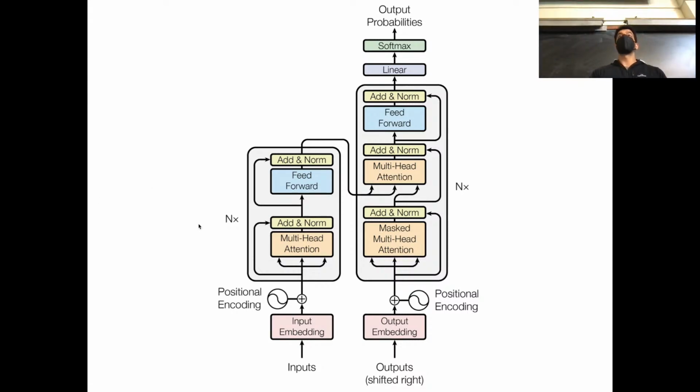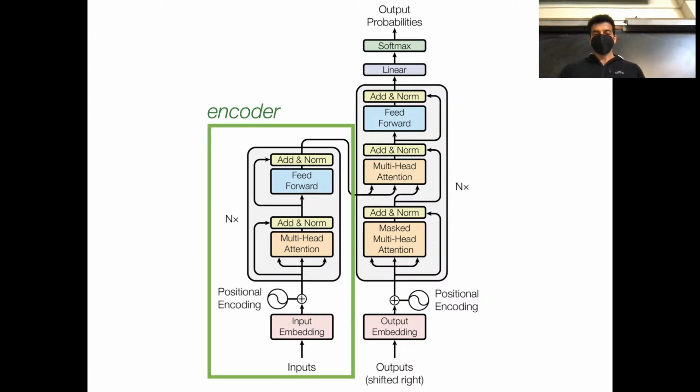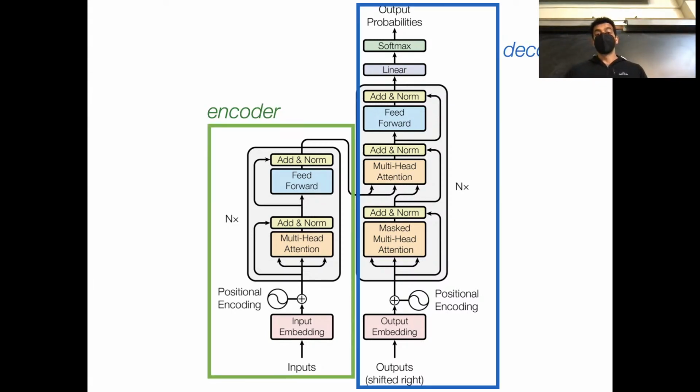So we've talked about a bunch of these concepts already on the iPad. But here, first of all, this left side in the green box is the encoder. So it's getting as input, this input here, you can just assume is a French sentence. And the decoder is producing the English translation.